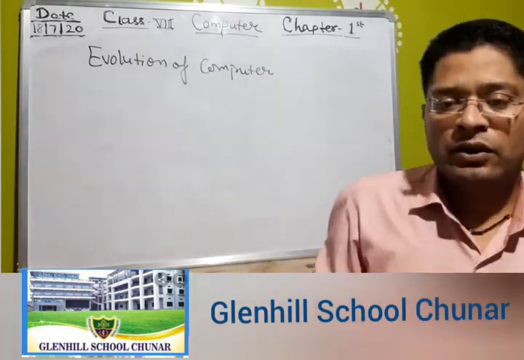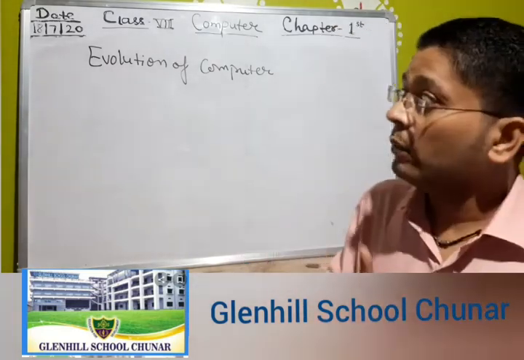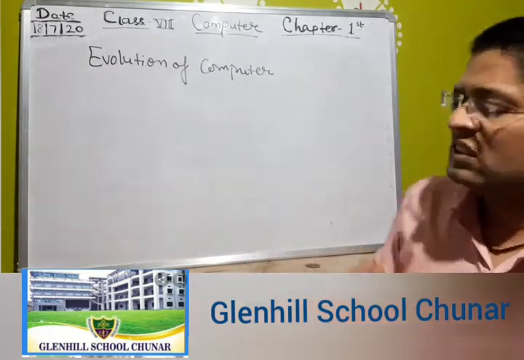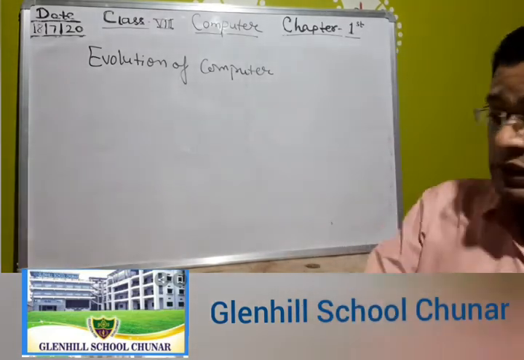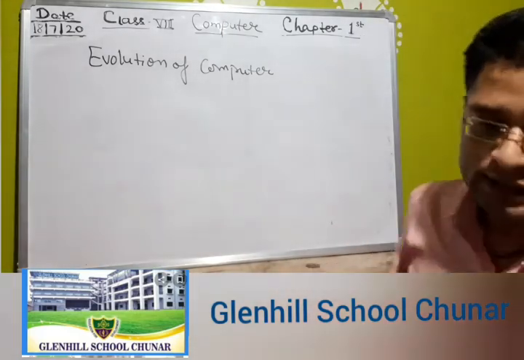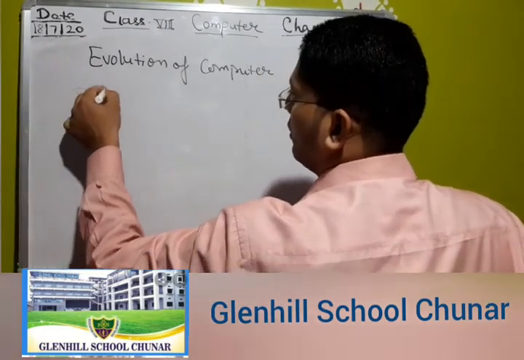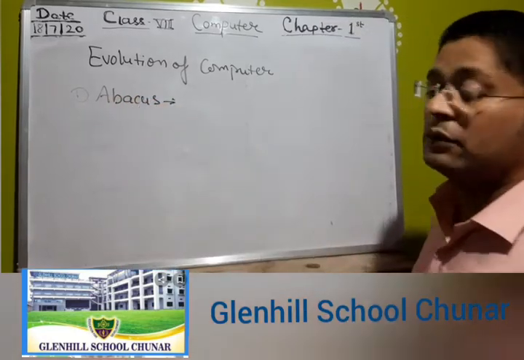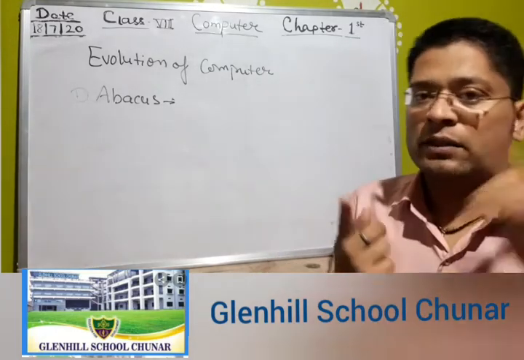The early man used to count with the help of stones, pebbles, fingers, bones, sticks, etc. Okay, student? So the first machine that came was the abacus. Abacus is the first calculating device for addition and subtraction.